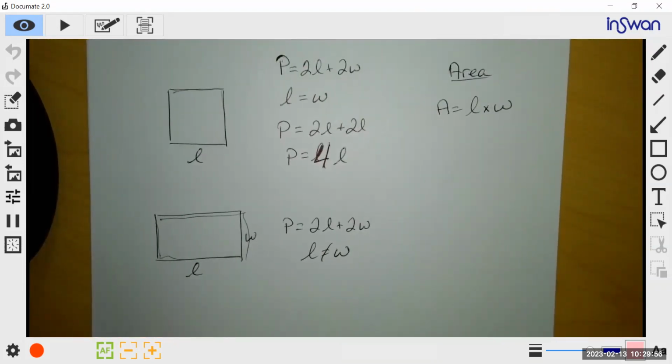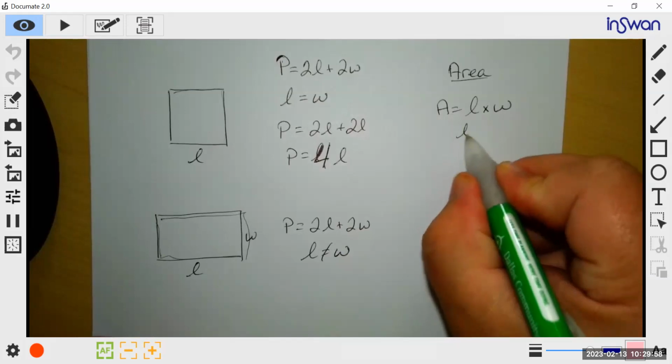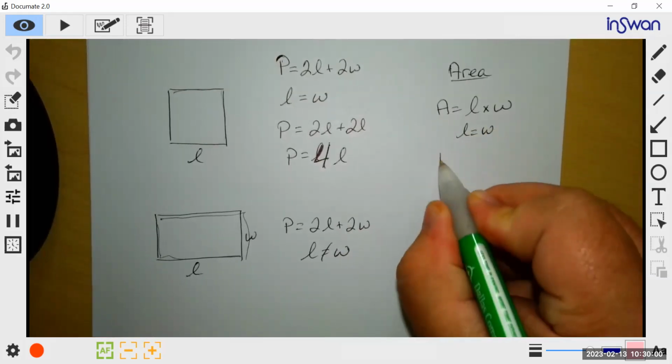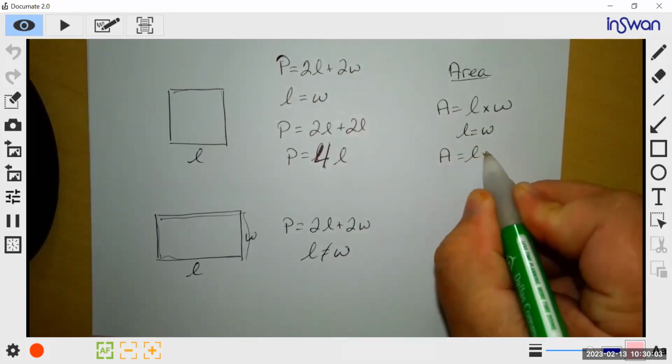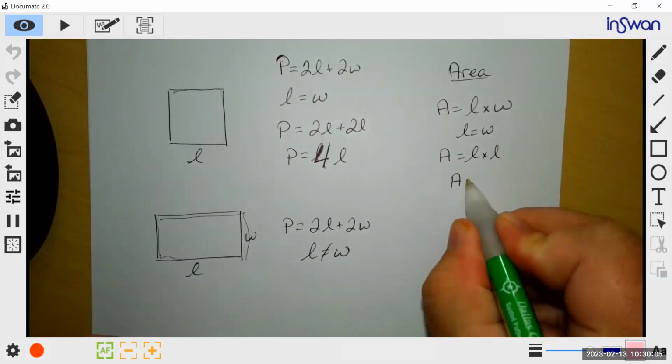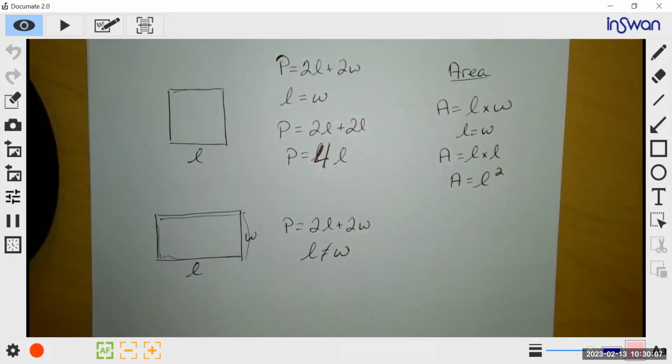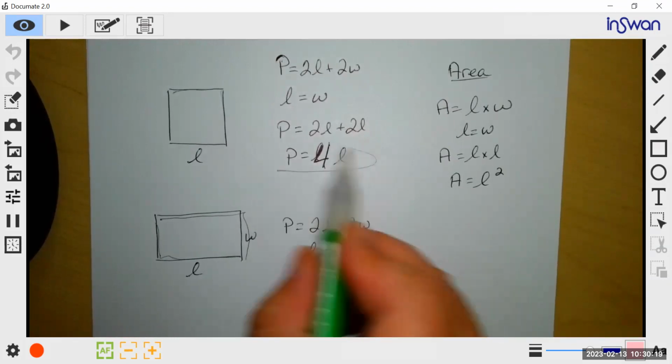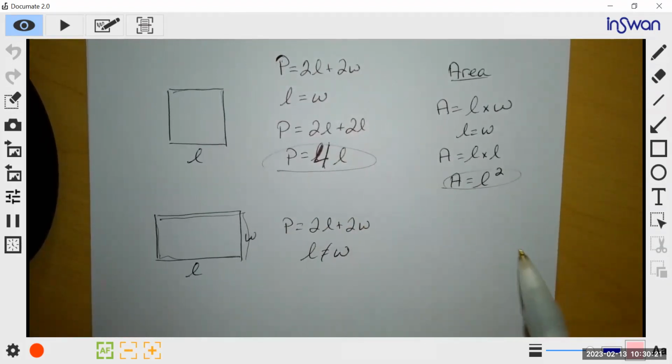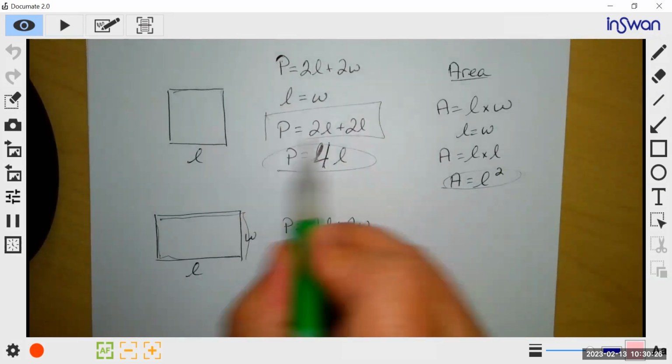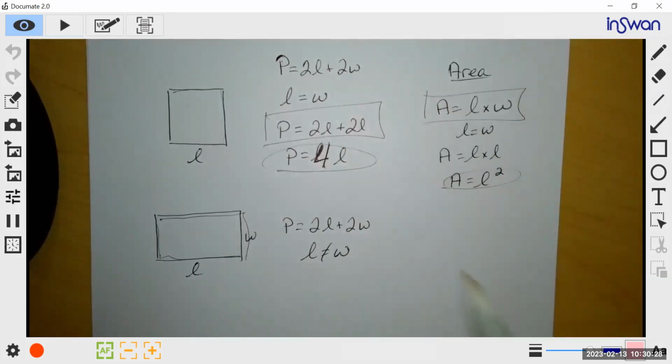Area of a square is length times width, but since the length equals the width, it's just the square of the length. These are actually just shortcuts. If it's too much of a bother, just stick with the traditional formulas and put them in there.